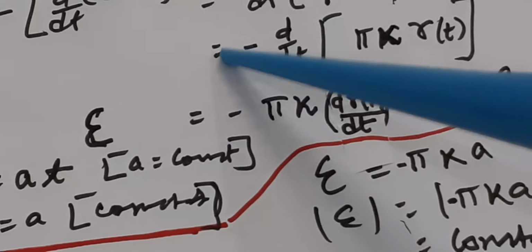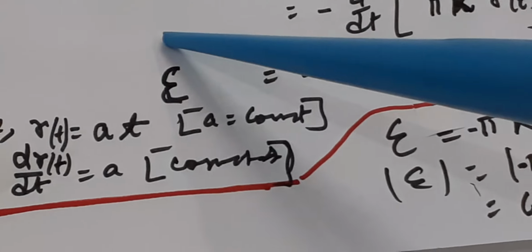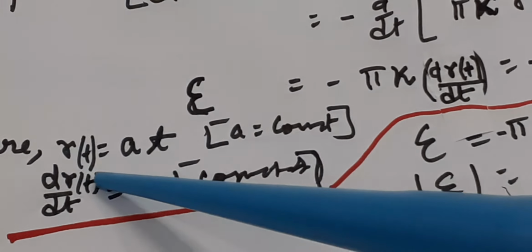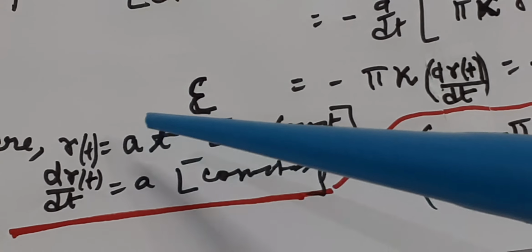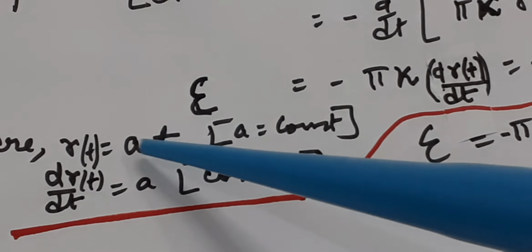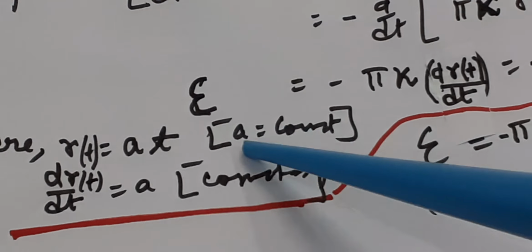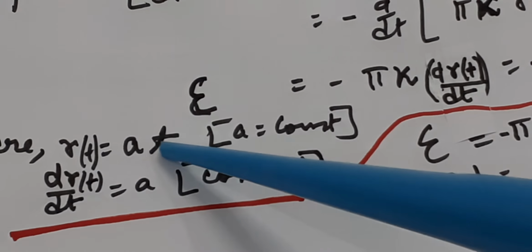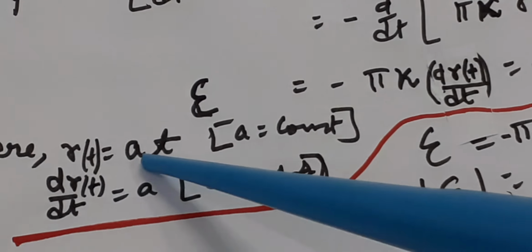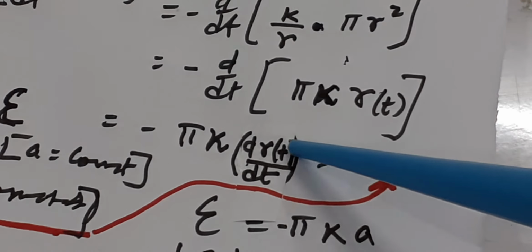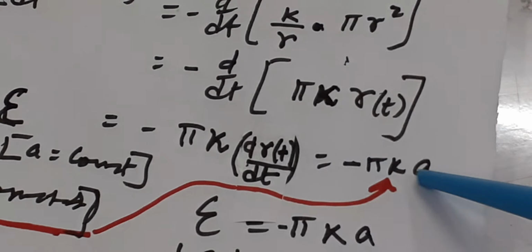Now as it is understood that r is a function of t, and it is given in the question that it increases linearly. That means r is a function of time, some constant a into time. This is a linear equation, a straight line equation. Differentiating this, we get the constant a, so dr by dt will give a constant. Substitute this here.